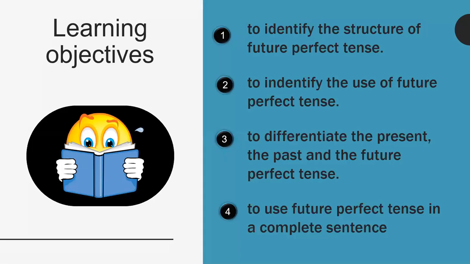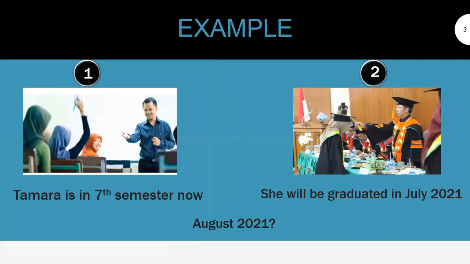Okay, I'm going to give you an example. Tamara is in the 7th semester now, today. She is in 7th semester, semester ke-7, right? And then what will happen in July 2021? It means next year.